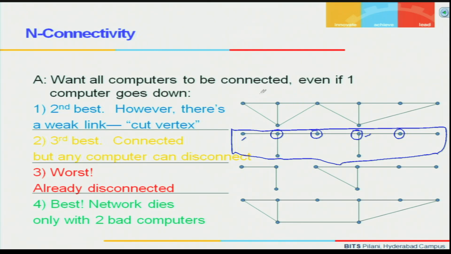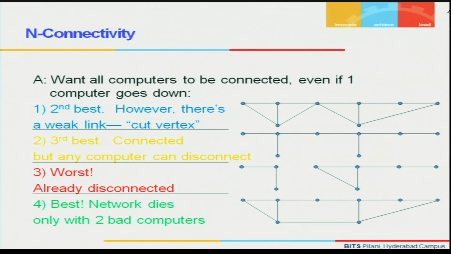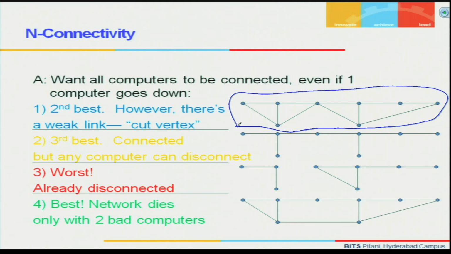If you look at this particular network, or for us it is just a graph, only if one particular node goes down does the network become disconnected, because even if this guy goes down, I can reach all other guys from this via this path, isn't it?